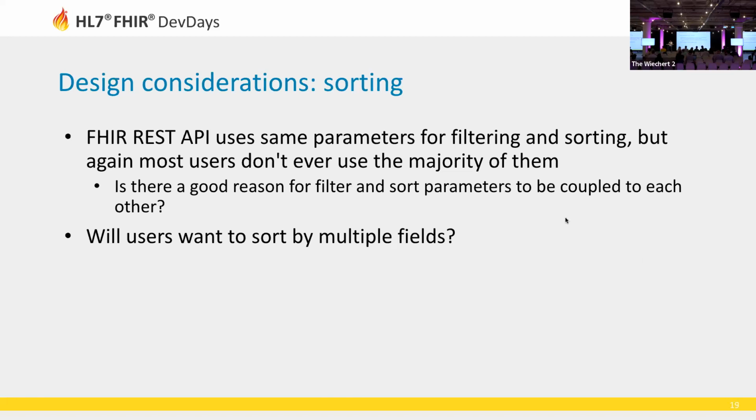One thing we noticed is that the things people want to sort by and the things people want to search by are not necessarily the same. But in the FHIR spec, I think the search parameters are used for both cases. So there's a question of, are FHIR search parameters really supposed to couple sort parameters and search parameters? Because in my mind, it seems pretty separate.